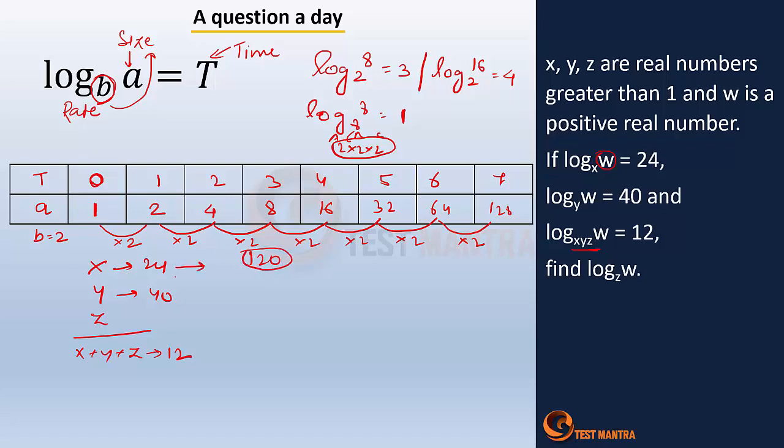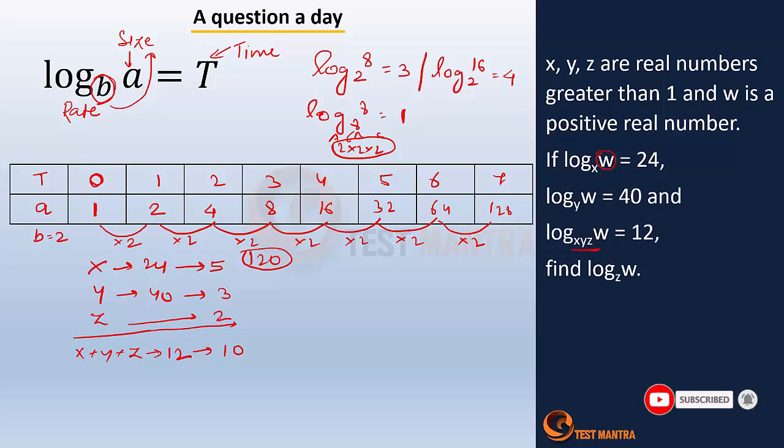That means the efficiency of x is nothing but 120 by 24, or else 5. X can finish 5 units per day. Similarly, y can finish 120 by 40, 3 units, and x, y, and z together can finish 10 units here. So that reflects z can finish 2 units per day in this case, right? So z can finish 2 units per day.